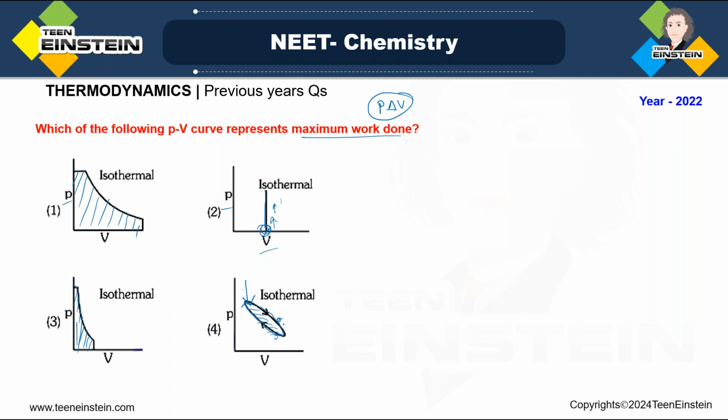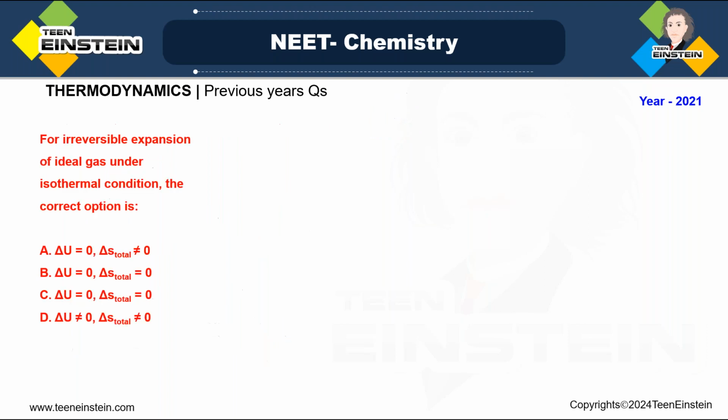But whether it is cyclic or not, that is not important. The important point is you just have to consider the area, and this area is lesser than the area which we can get in option 1. So that is why option 1 should be the correct option, the maximum work done possible in this case.